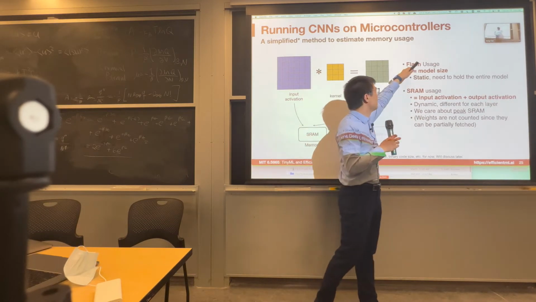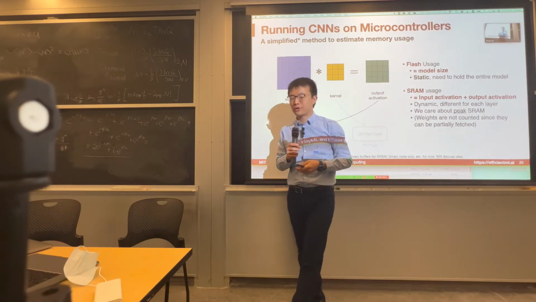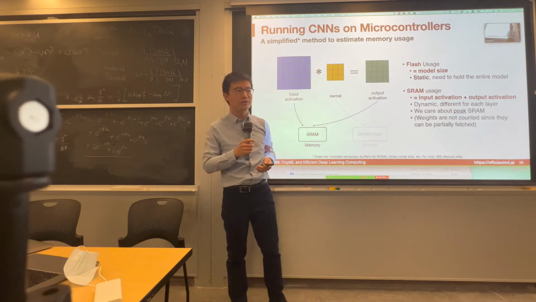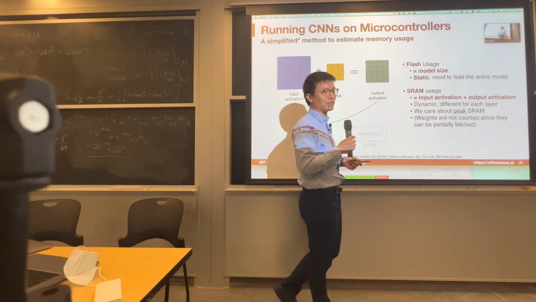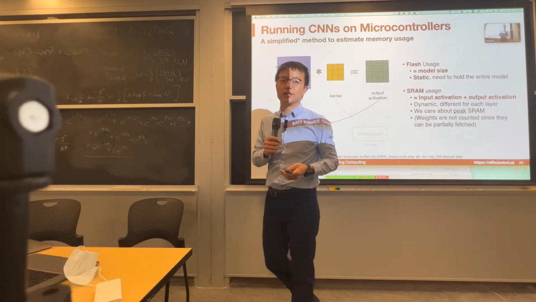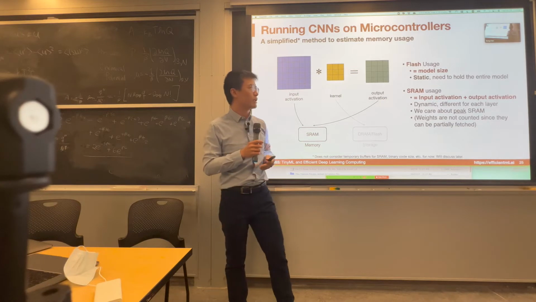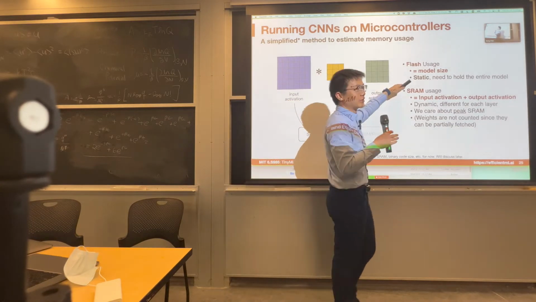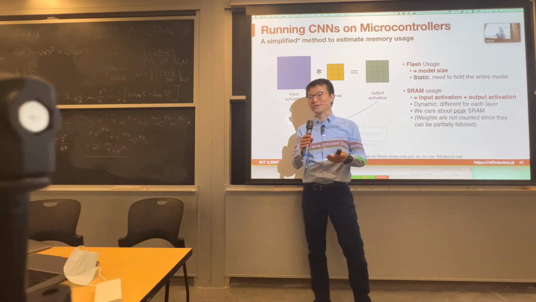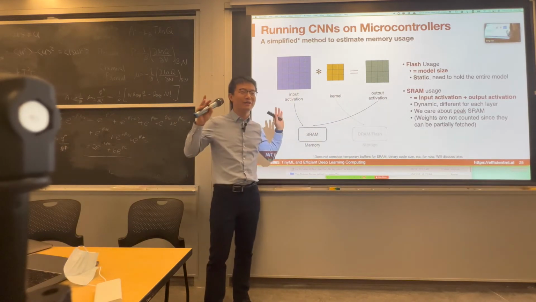Between flash and SRAM on a GPU, we have a pretty large DRAM. For example, the A6000 GPU that we have in our lab has 48 gigabytes of GDDR, GPU DDR. That's the difference. But on a microcontroller, there's no DRAM, there's no operating system, there's no paging. So everything you have to manage by yourself. It's called bare metal.